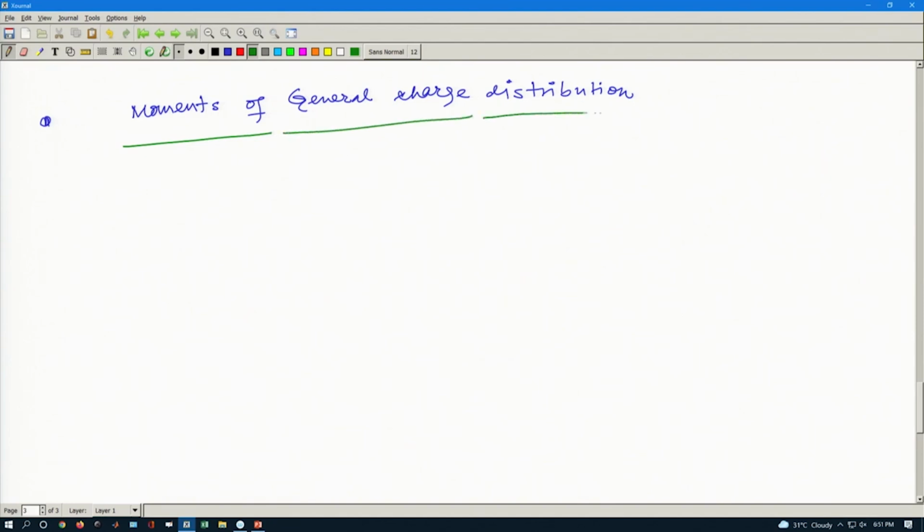So, moments of general charge distribution.